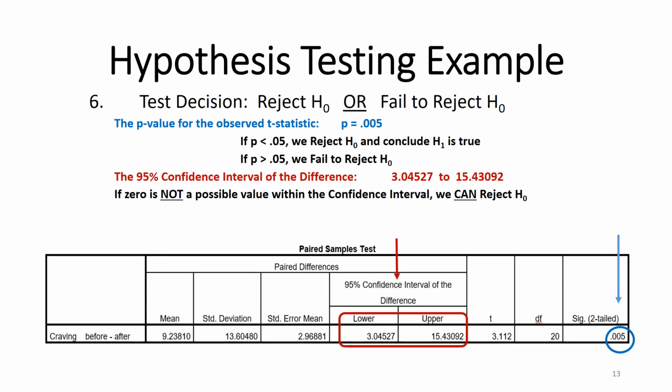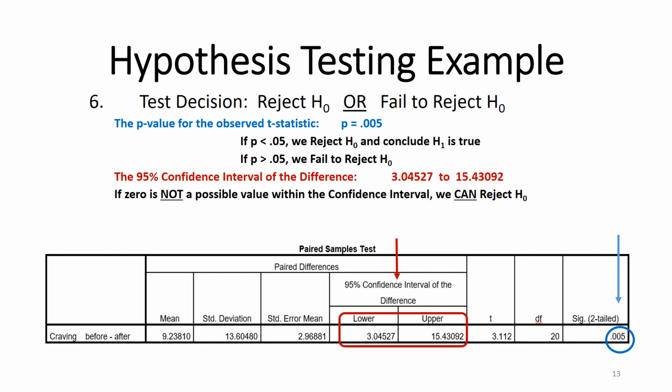So in step 6, we get to make our test decision of either rejecting the null hypothesis or failing to reject the null hypothesis. Now, just like we saw with the independent samples t-test, there are two things we can look at on our output to make that decision. Now, the gold standard is always going to be the p-value for the observed t-statistic.